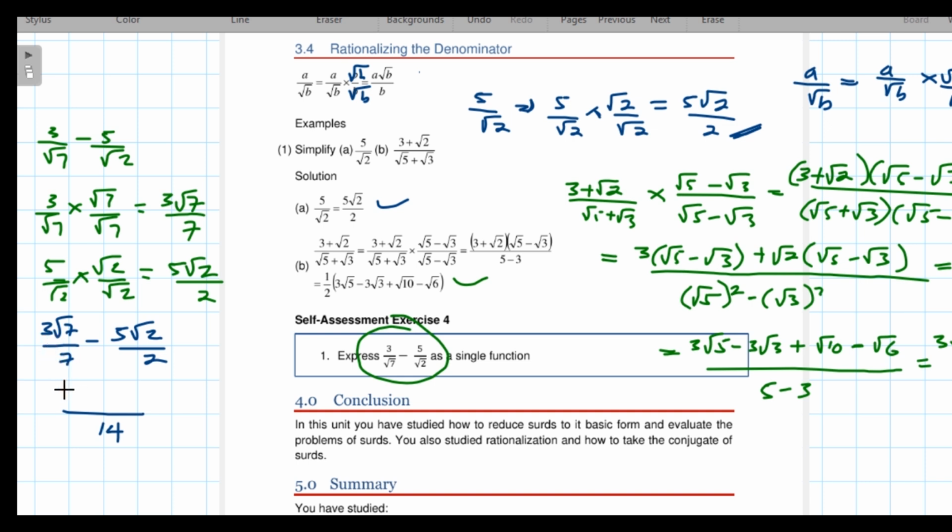So 2 multiplying 3 root 7, we have 6 root 7, minus 14 divided by 2 is 7 times. 7 times 5, we have 35. So this is 35 root 2. So we are told to express this as a single fraction, and we've expressed it as a single fraction. So that is the answer.